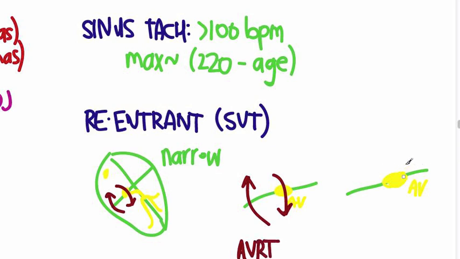And the other one has one path coming in the AV node and the other path going back up the AV node. So here, the reentrant tissue is in the AV node. And we call this AV nodal reentrant tachycardia because the reentrant tissue is in the AV node.